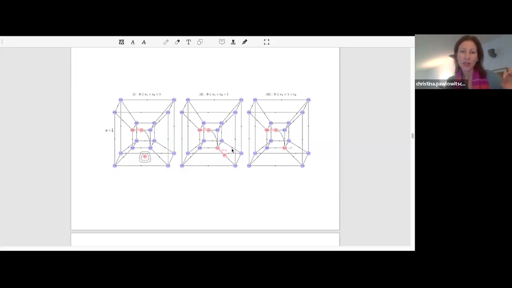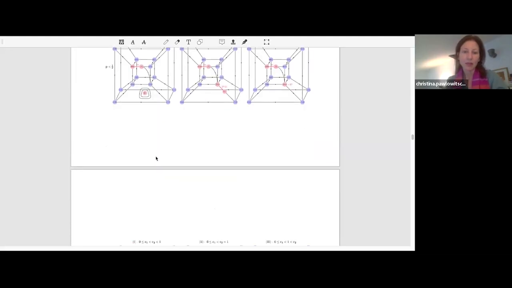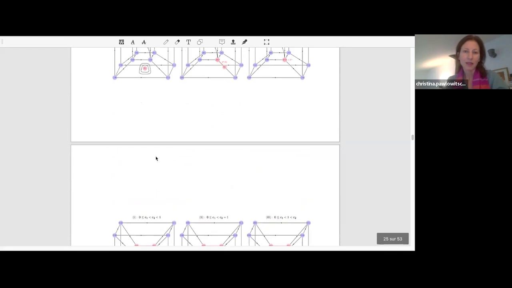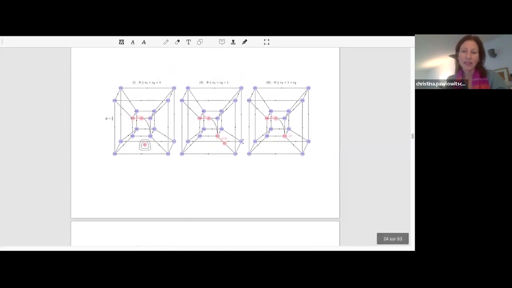So this is the case that I just discussed. This is what happens when we move up the cost of the signal for the low type, above 1.